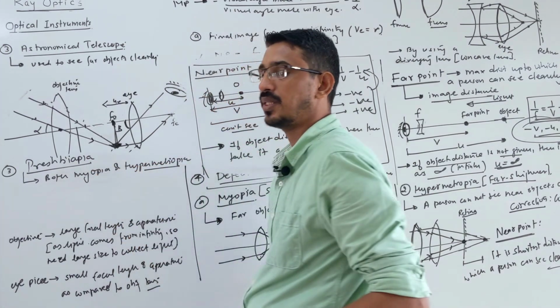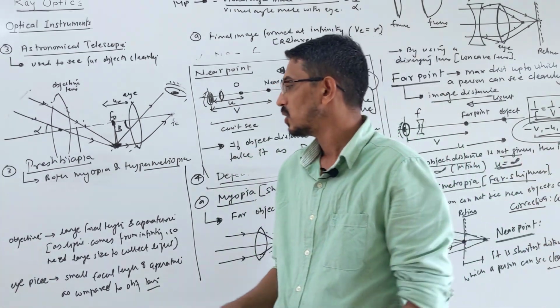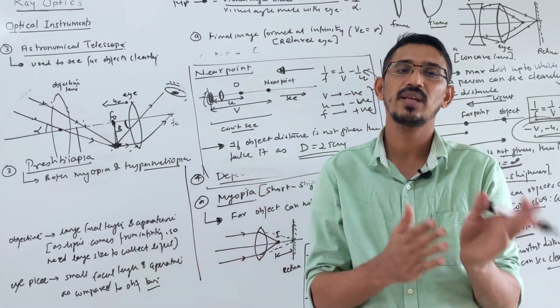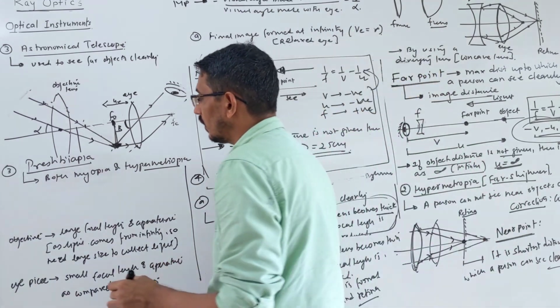The person cannot see the near object clearly and cannot see far clearly either. So here we use both lenses, the convex lens and concave lens, also called bifocal lens.